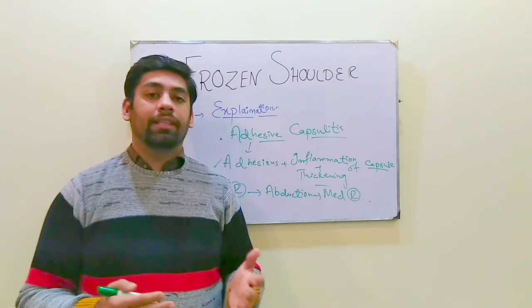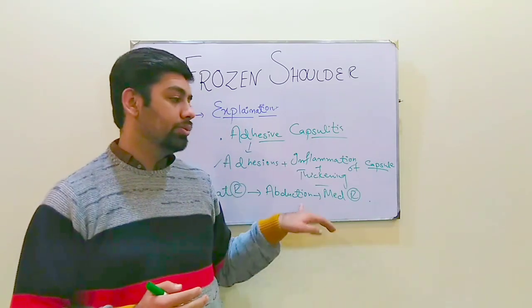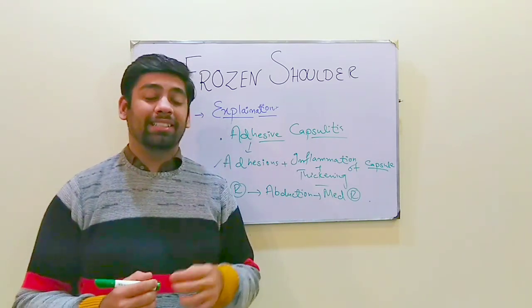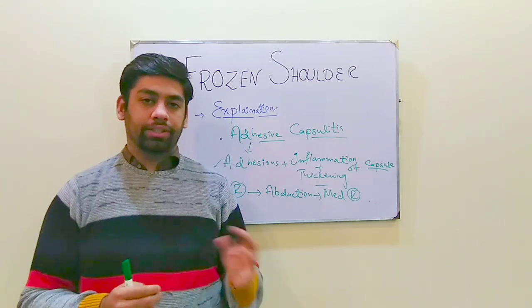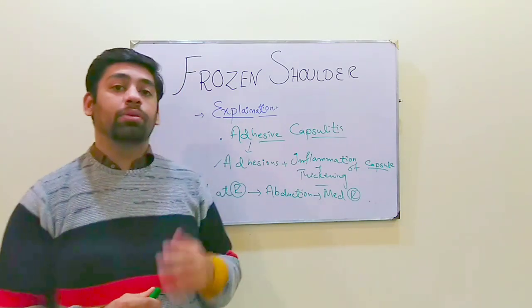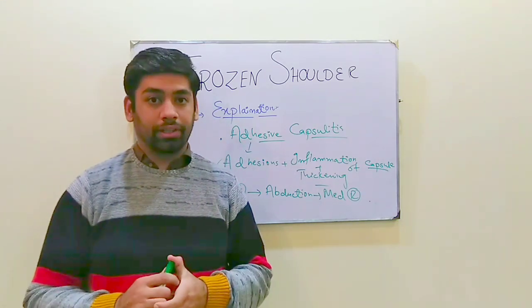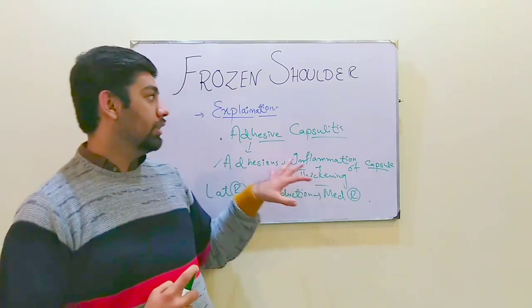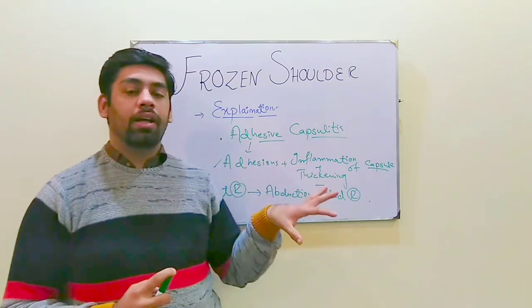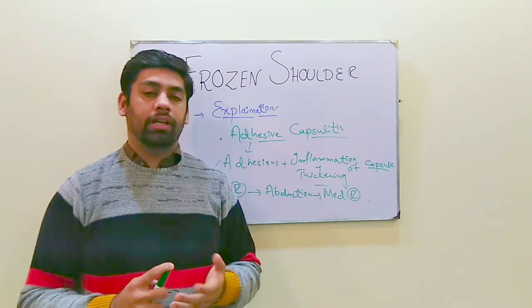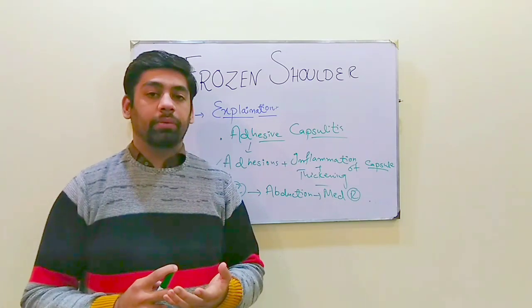We have to look for other signs and symptoms. The patient will usually present with intense pain and stiffness if it's the initial stage, and his or her capsular pattern will be most restricted. Okay, so these are the things which we can think of in diagnosing a patient with the frozen shoulder.